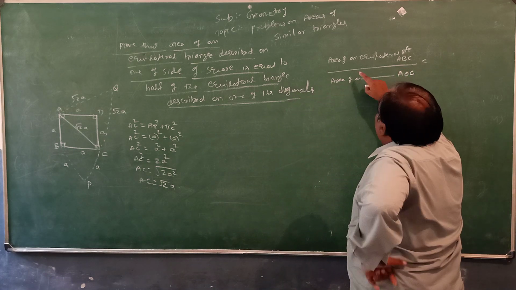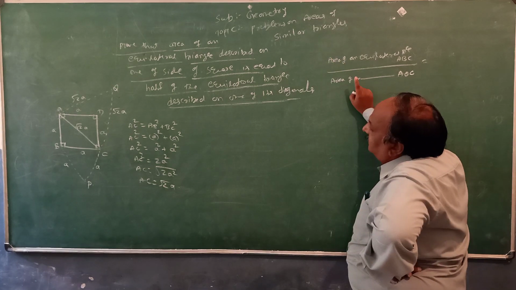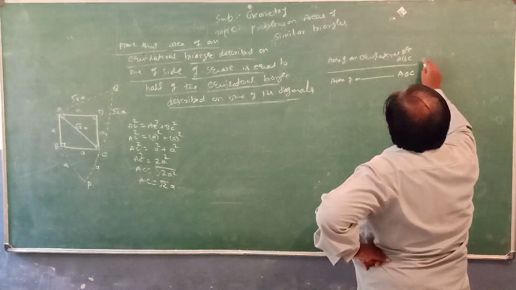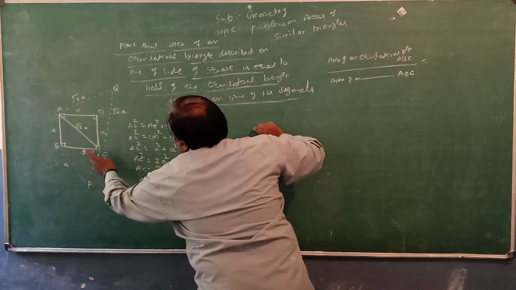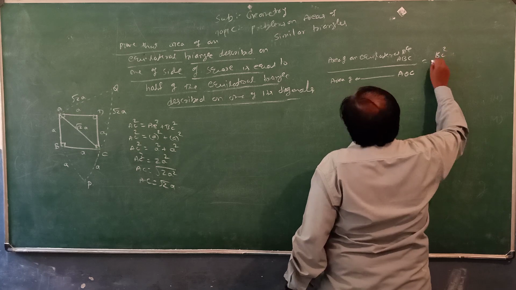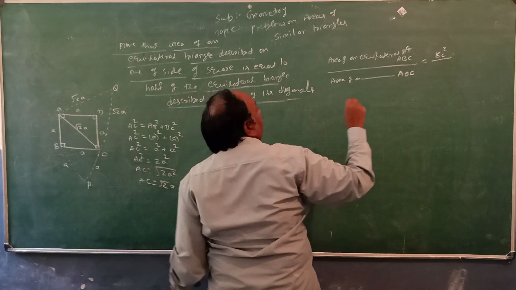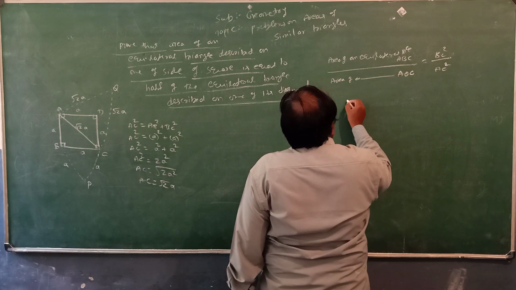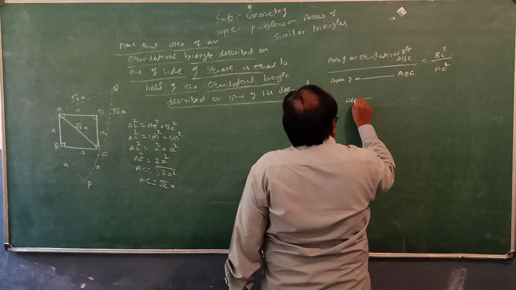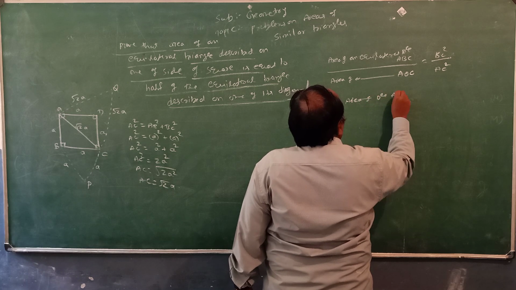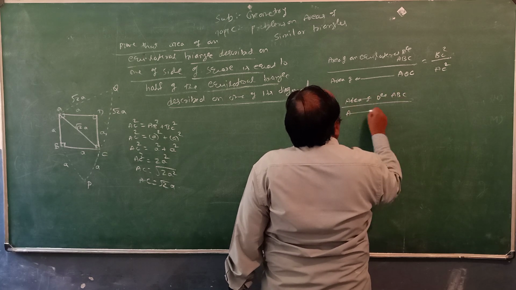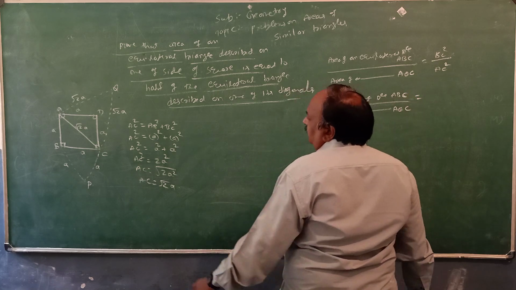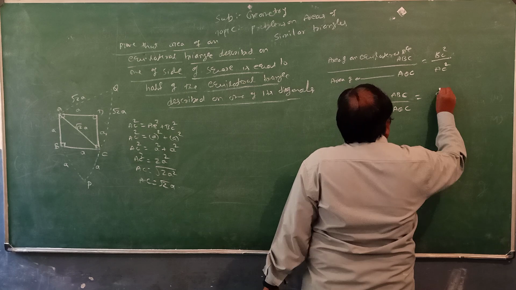So apply the theorem: the areas of similar triangles are proportional to the squares of their corresponding sides. Therefore, corresponding side BC squared divided by AC squared. You may take any one side. Area of triangle PBC divided by area of triangle AQC is equal to, what is BC? A squared.